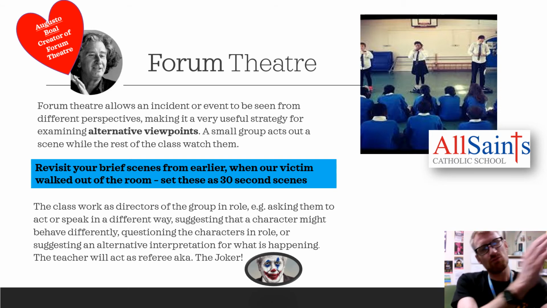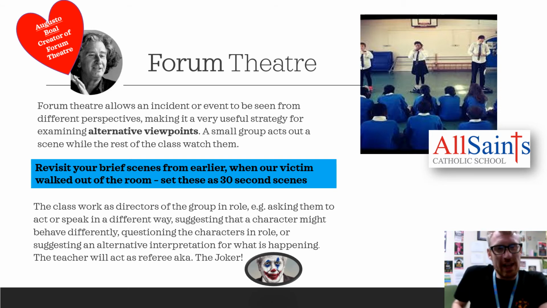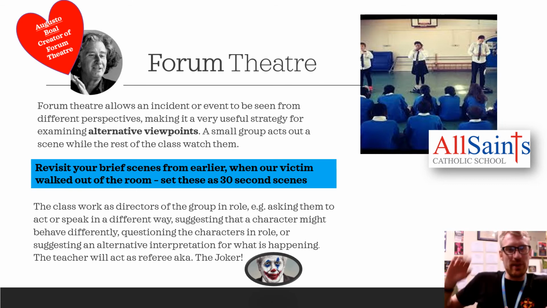Then you would run the scene, and you'd say to the children that they can at any moment put their hand up and shout stop, and they can give a bit of advice to the student who's the victim of how they might deal with the situation they're in.